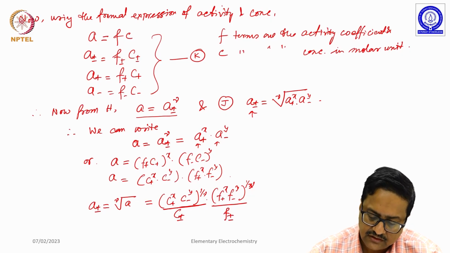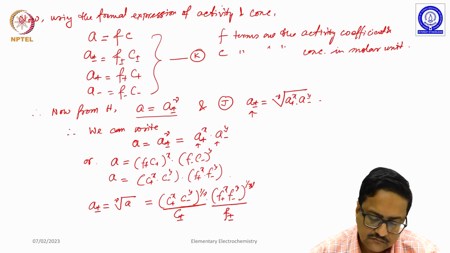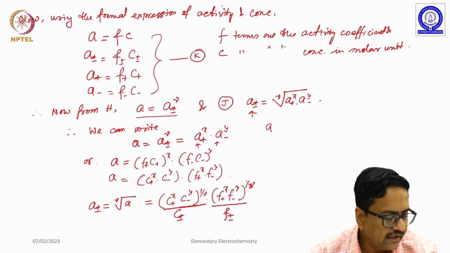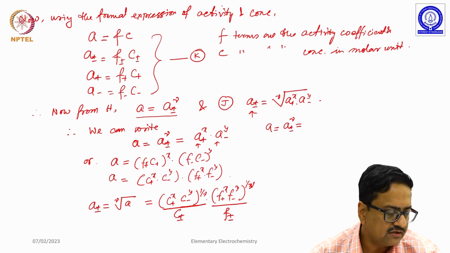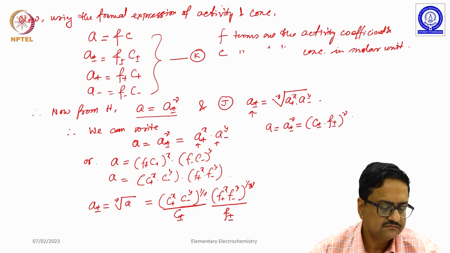So, using these substitutions I can write that A equal to A plus minus to the power nu, which is equal to C plus minus into F plus minus to the power nu. Is it right?